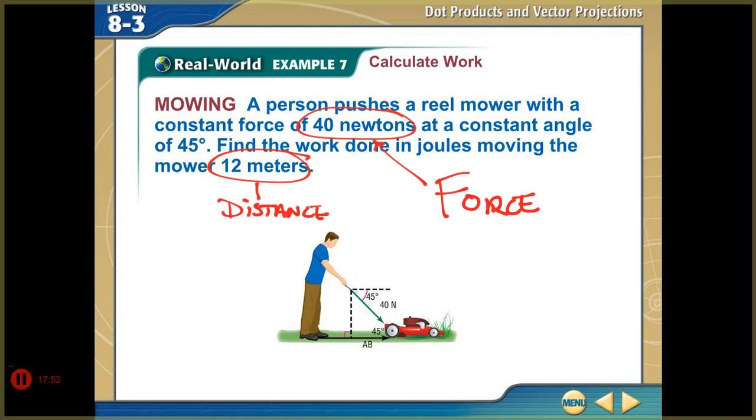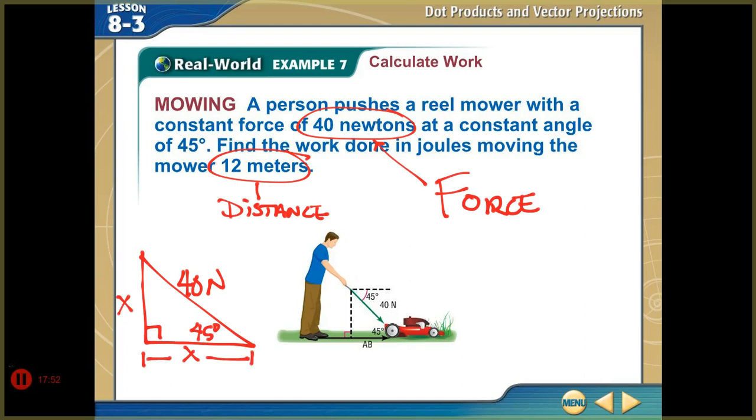So if I was to actually just draw this out, there's my 40 newtons. That's a right angle. And then I've been given that this is 45 degrees. So this is a 45, 45, 90 triangle, which means that's x and that's x, if I figure out that component.